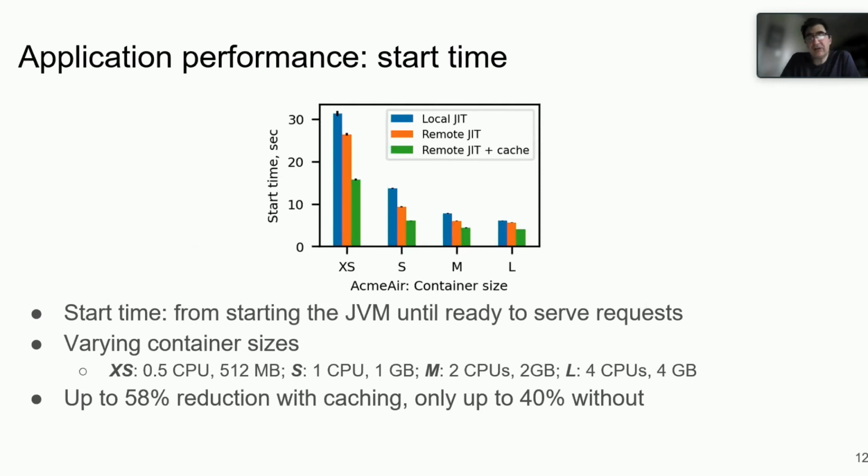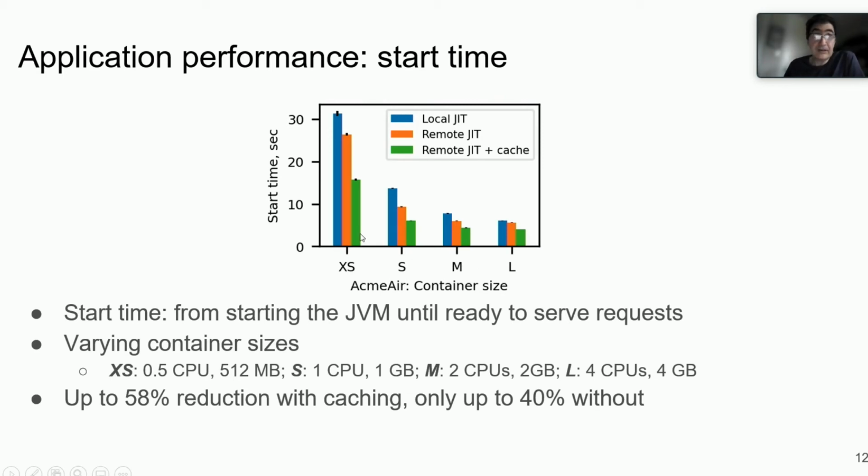So now let's look at the startup time. On this graph, I'm showing the startup time measured in seconds on the y-axis. And on the x-axis, we have different configurations, so different container sizes. Extra small uses containers with half a CPU and half a gigabyte of memory, small with 1 CPU, 1 gigabyte of memory, and so on and so forth for medium and large, doubling the sizes as we go.